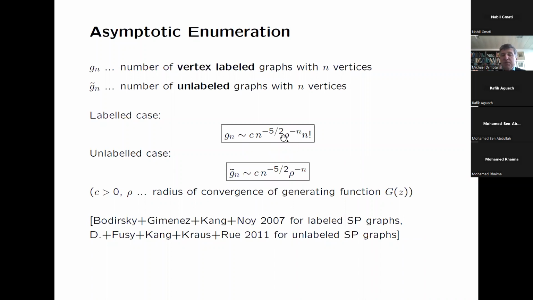Of course, the base of the exponential might change, but this minus 5 over 2 is always the same. And in the unlabeled case, there is no n factorial, but you will have different C and rho, but the form of the formula is always the same. This was a joint paper where we did this for unlabeled graphs. For labeled graphs, this was done before.